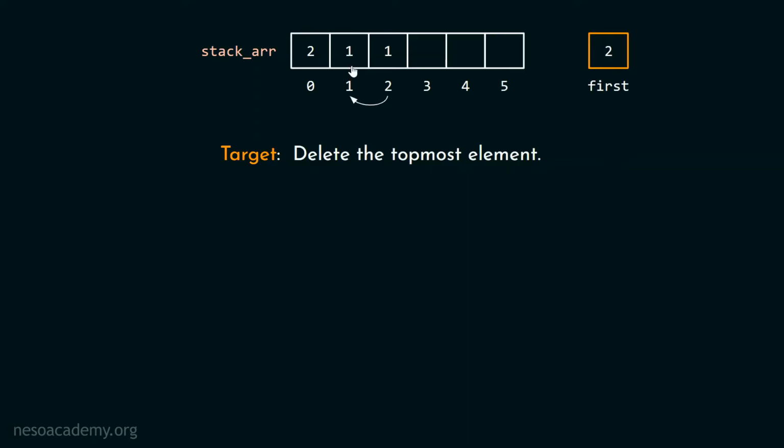After this, you can see that we have redundant values, right? Here we have 1 written twice. Obviously, we can't leave this element, right? We actually have to delete this element or at least avoid this element. Here you can see that the first variable is keeping track of the first inserted element. Right now, you can see that the first inserted element is shifted.